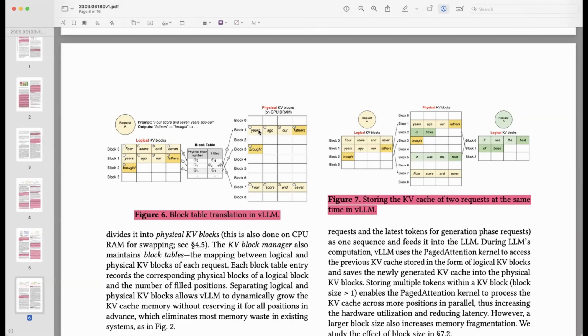I have a question. In general, memory access is faster when the memory layout is continuous. So does that mean this kind of paged attention will have worse performance than the continuous layout?